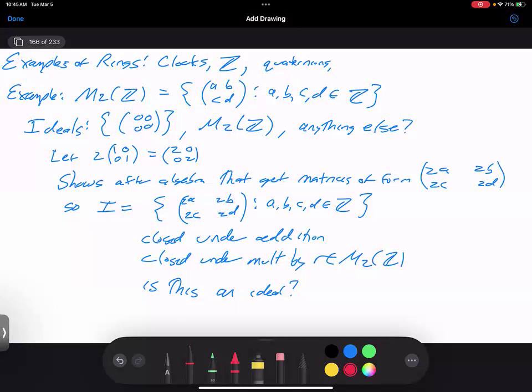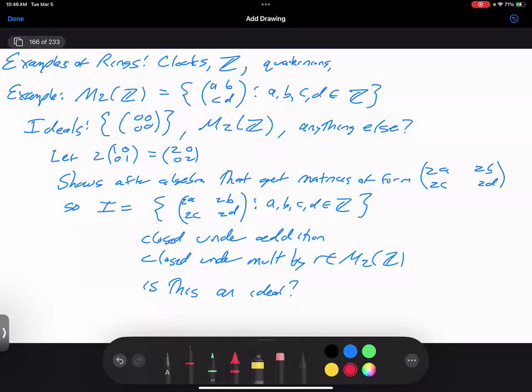Let's get a sense of how comfortable you are. Will you bet your entire grade for the course right now? If this is an ideal, you get an A+. If it's not an ideal, you can't get an F, you get an E. How comfortable are you? Will you take the bet?